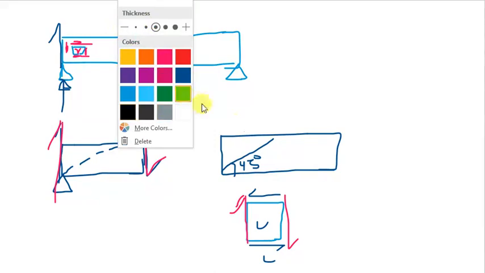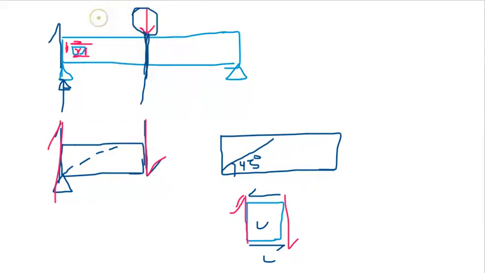We'll have something looking like this. This is the element. We now have our resultant force in this direction. That is tension. And also because we have two forces here, we have resultant tension in this direction, right?